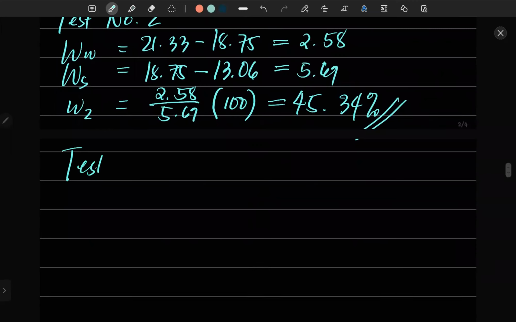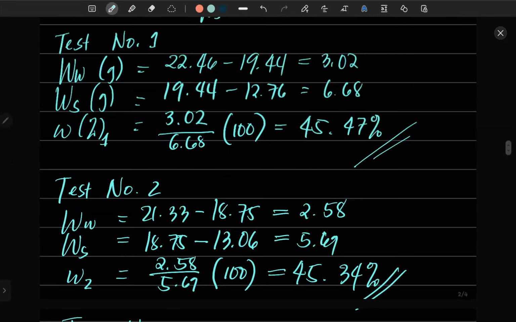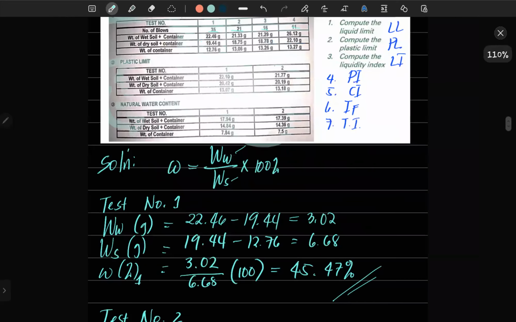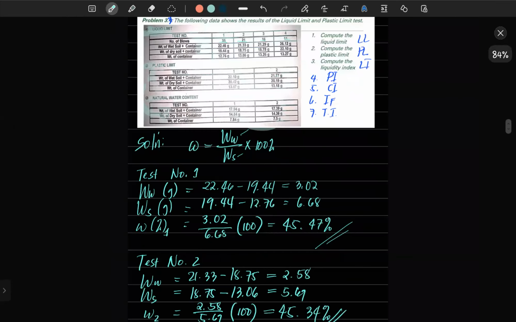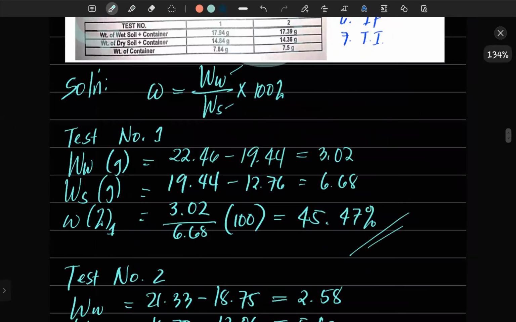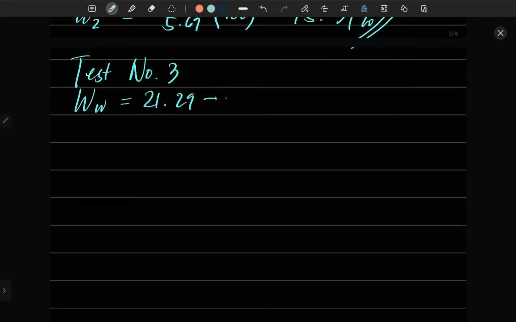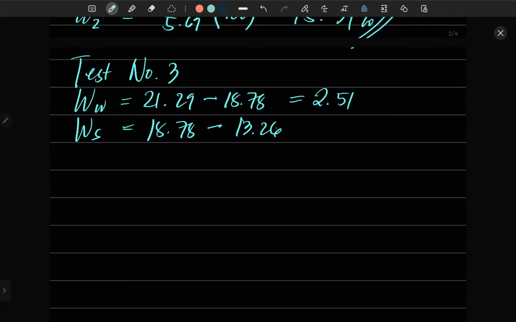For test number 3, we have the weight of the water: 21.29 minus 18.78. This is equal to 2.51. The weight of the soil solid is 18.78 minus 13.26.